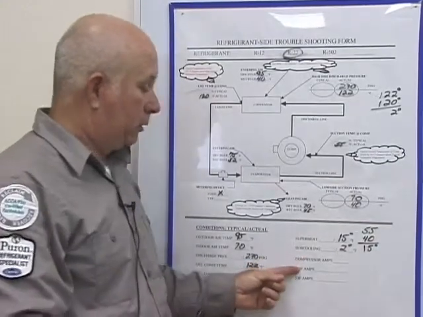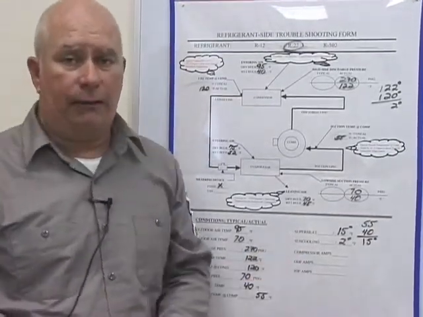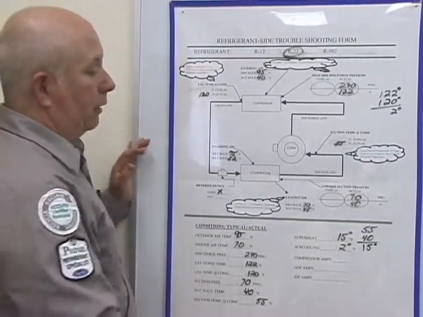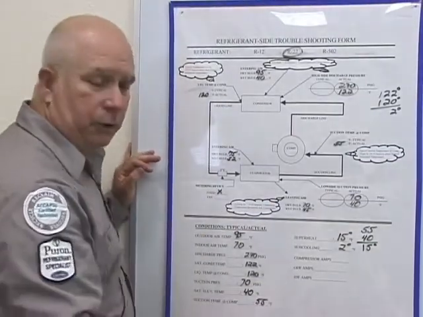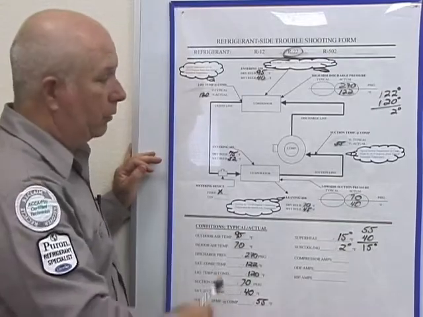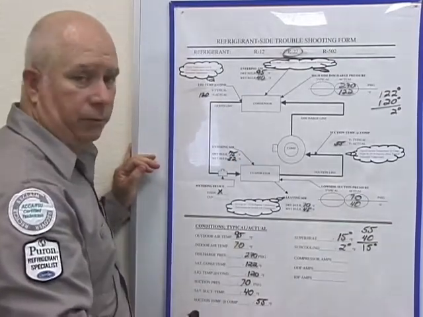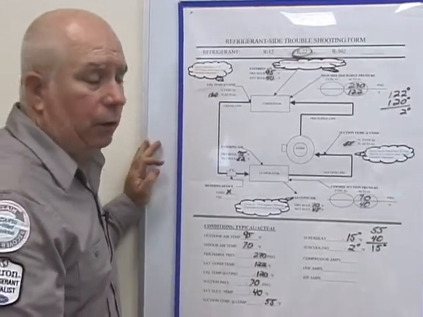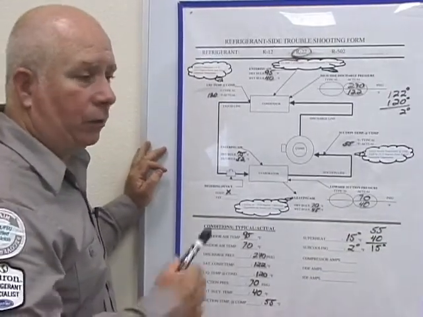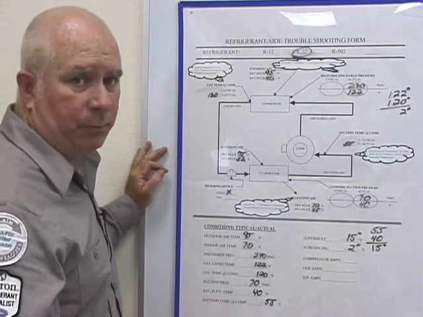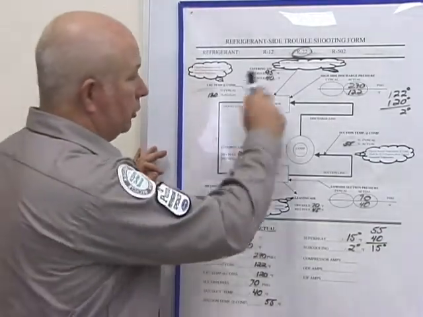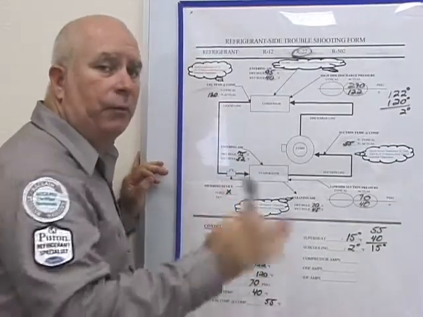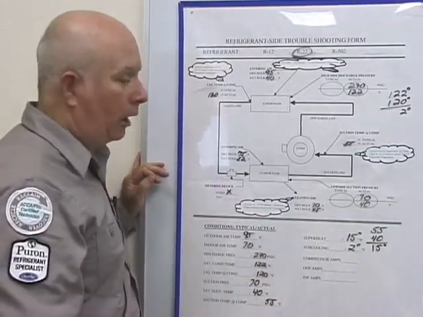Now remember, this becomes vital and you're going to need to have that information later on. I think everything has been covered up to this point so that you fully understand what is being asked of you on the actual side of the house. All right? You're going to fill this out numerous times, so it's going to become repetitious, but be sure that when you get out into the field you do this, and it'll make your troubleshooting techniques a lot easier.